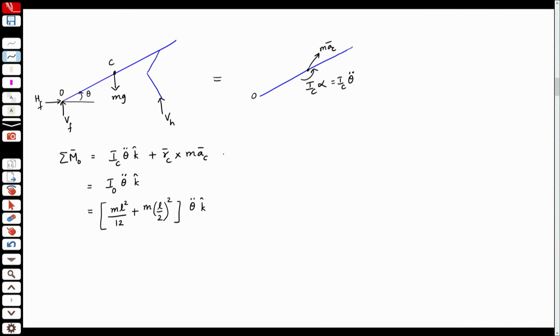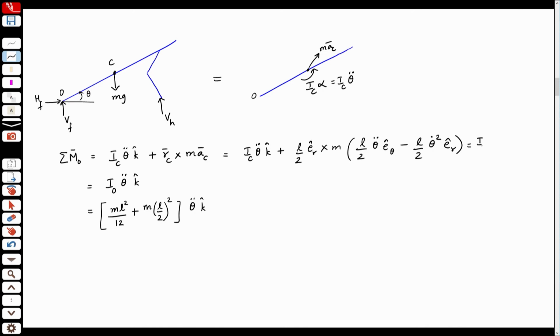I can easily show this. This is equal to I_C theta double dot k plus R_C, which is L by 2 e_r, cross m into L by 2 theta double dot along e_theta minus L by 2 theta dot square along e_r. So, e_r cross e_r will go away.